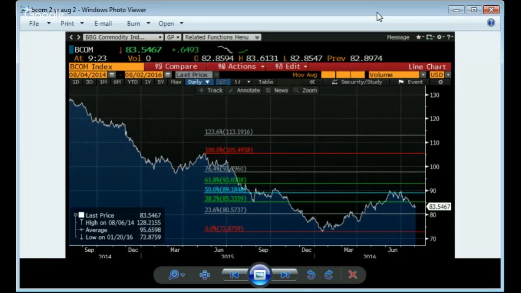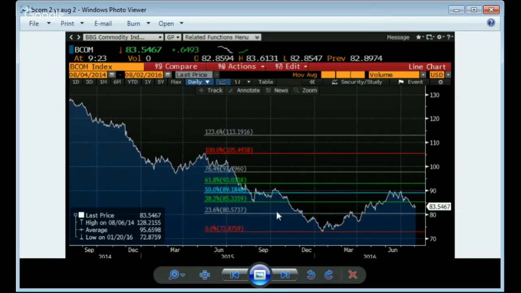You could say that this was a bit of a rally this year, from the low in January up until early June, and maybe the beginning of July as well. Yes, we did have a reversal of trend.